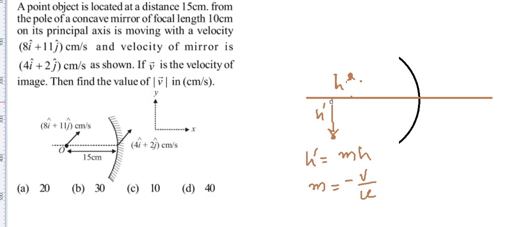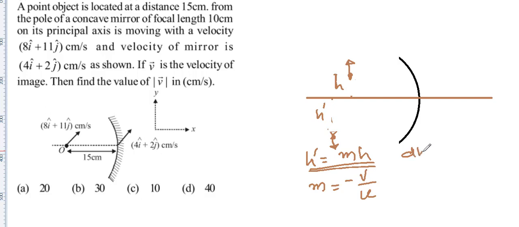Now that's like a point object. So that point object will create a point image somewhere here. Now see what will happen if it moves upward. If it is moving upward, what happens? The image should also move vertically downward, and that relation can be calculated by differentiating this equation.